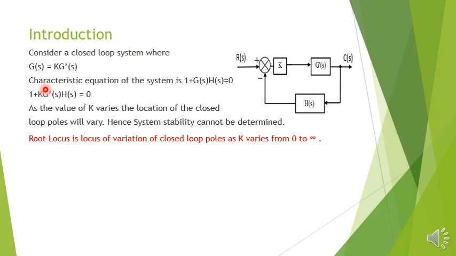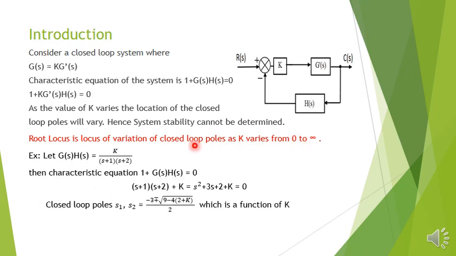So as K varies from 0 to infinity, there will be an infinite set of closed loop poles. How many closed loop poles are in each set depends on the order of the open loop transfer function G dash of S H of S. Root locus gives the picture of this variation of closed loop poles as K varies from 0 to infinity. So mathematically, how do we draw the root locus?